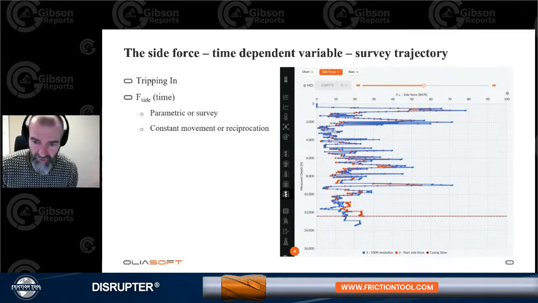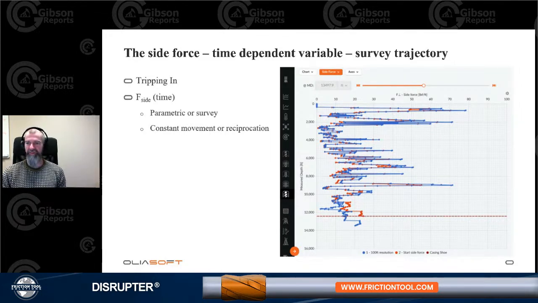So it might not always be that easy to predict how the side forces will come out. Having done a good job before you start looking at it, having made good choices, selected good friction factors, good tooling, etc., and a good model, then you can start doing the analysis.